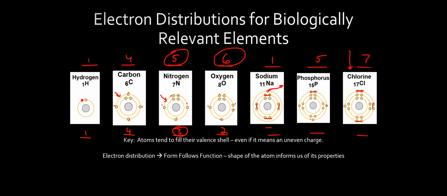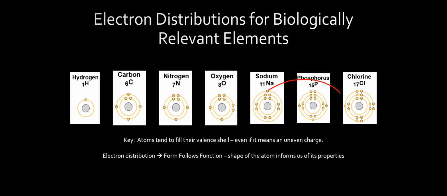Because look at chlorine, it can form a single bond right here. And so it basically just gets that electron. And then this being a negative charge and this being a positive charge, there's your ionic bond between the two. Now, phosphorus does form covalent bonds because notice it's got 2, 3, 4, 5.